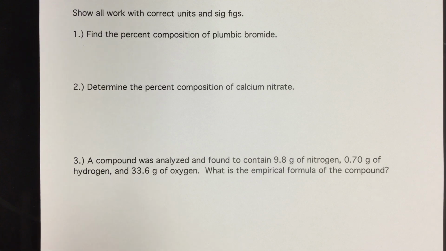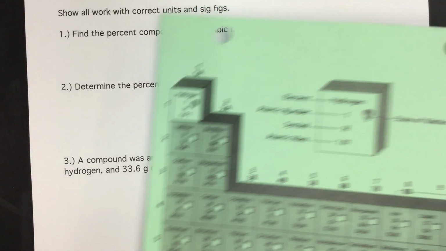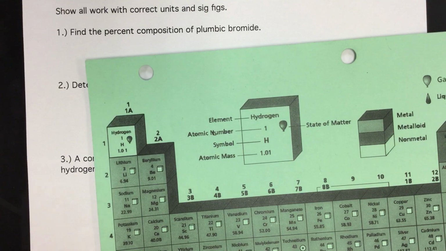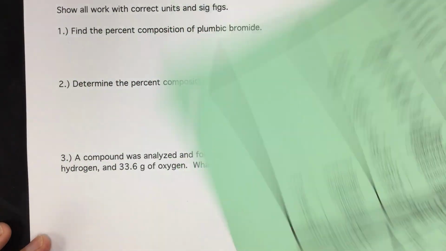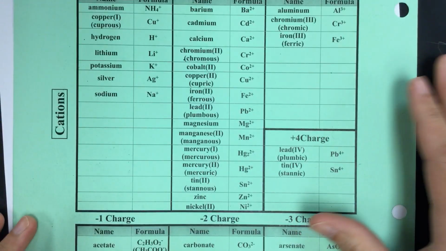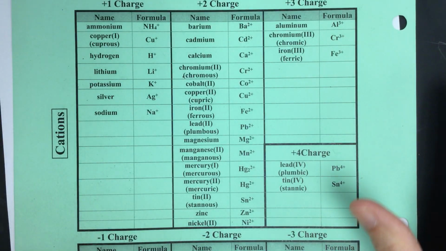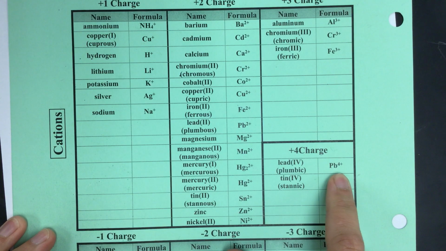So the first thing you want to do for any of these problems is figure out the correct formula for the compound. That's going to be half of the work. If you don't have the right formula, you're not going to get the right percent composition. Plumbic bromide is an ionic compound, so remember how you figure out formulas for ionic compounds. Plumbic is Pb4+.